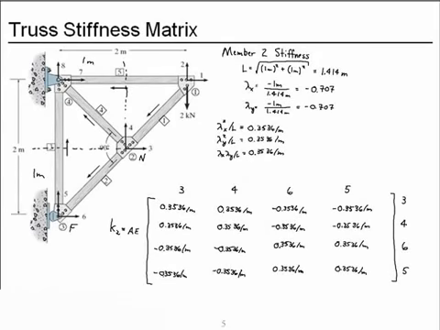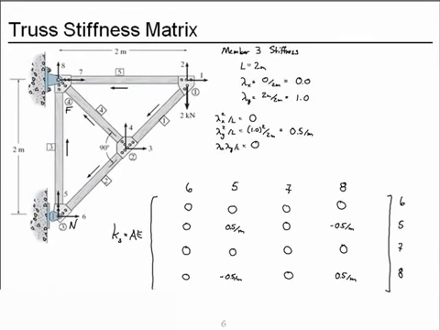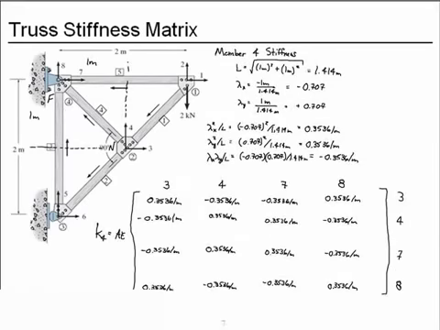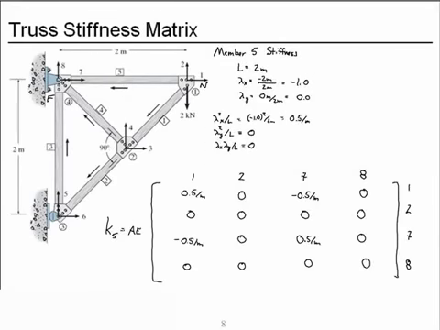Then member 2, again first identifying near node and far node. Then member 3, member 4, and member 5. Along the way, we always checked to make sure that the matrix was symmetric and that the diagonal terms were all either 0 or positive.